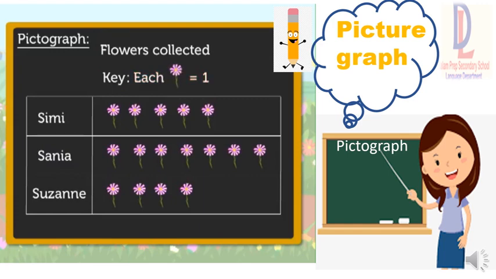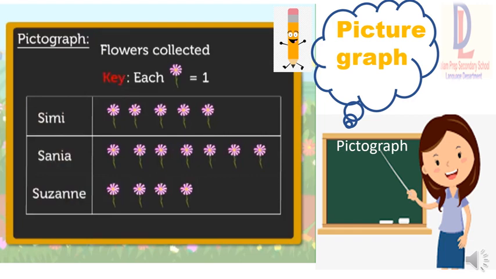Now, let us see how we can read this pictograph of the flower farm example. The title, Flowers Collected, tells us the pictograph is about the number of flowers collected. The labels give us the information of who collected the flowers.